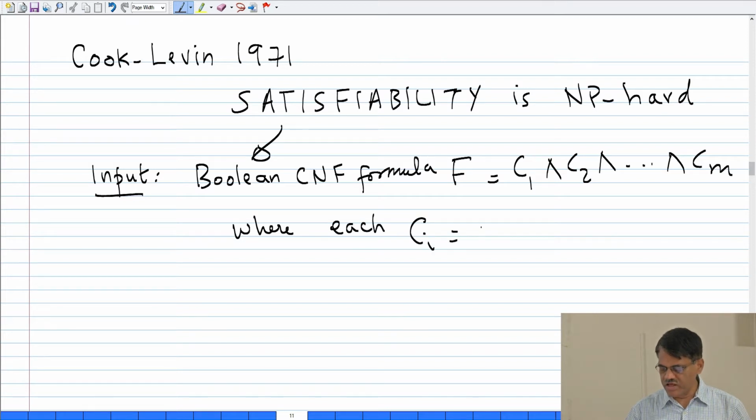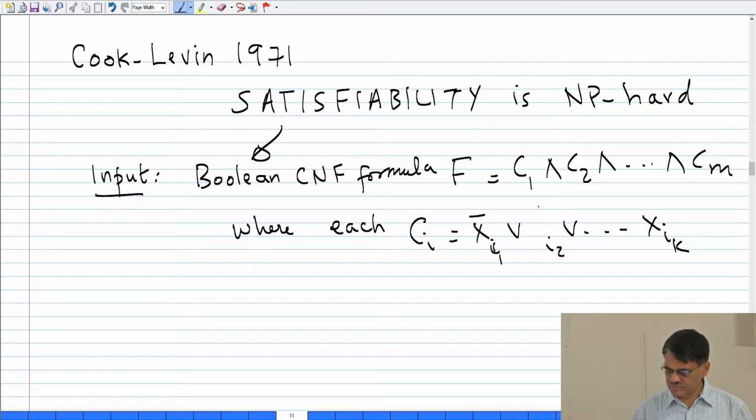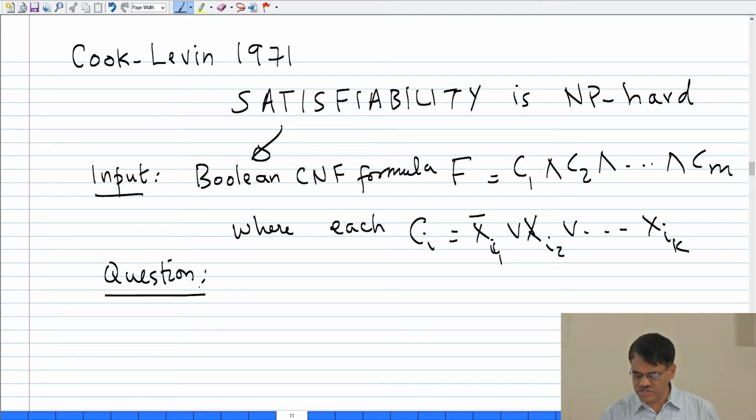each Ci is, okay, maybe there are some bars. So, this is just an example. And the question is, so it's a Boolean formula on m clauses and n variables.